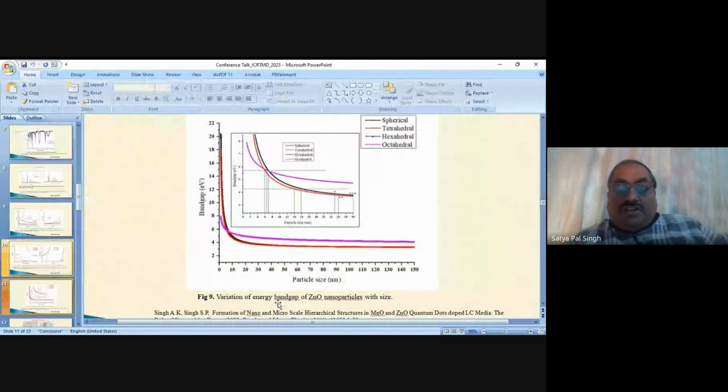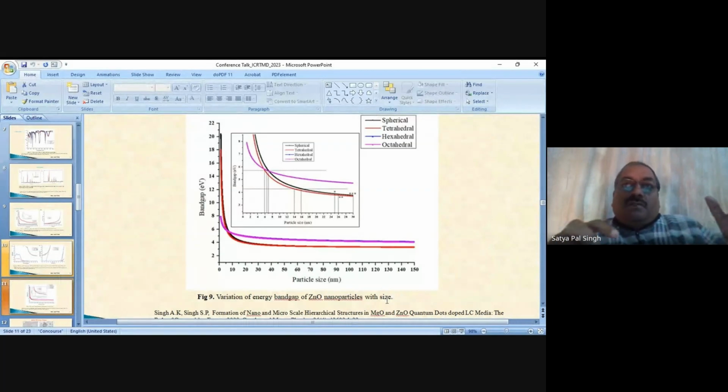band gap of ZnO nanoparticles with size. So when these ZnO particles are present in liquid crystal media over a glass surface or ITO coated glass, particles try to form aggregates. Some kind of unique structures or morphologies are formed, and we see there is the Brus model, in which they predict the energy band gap with size. So there is a formulation on the basis of nanoscale principle.